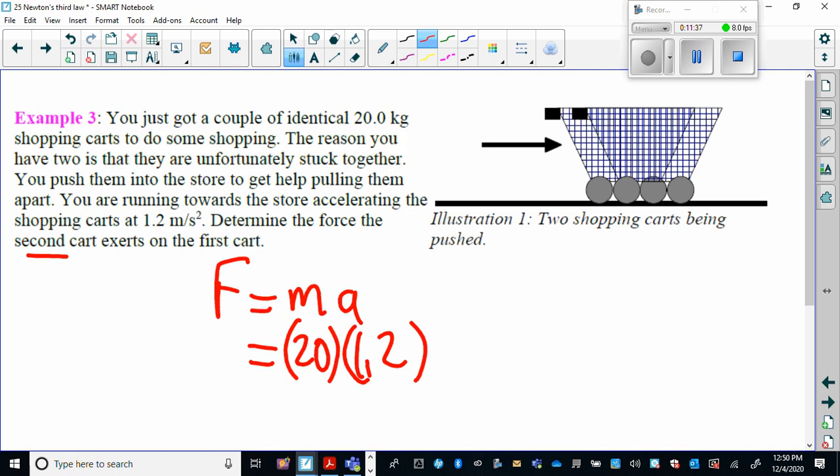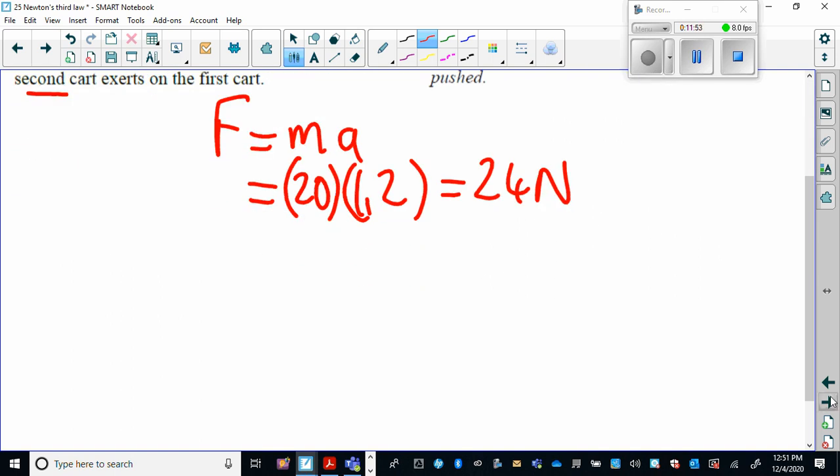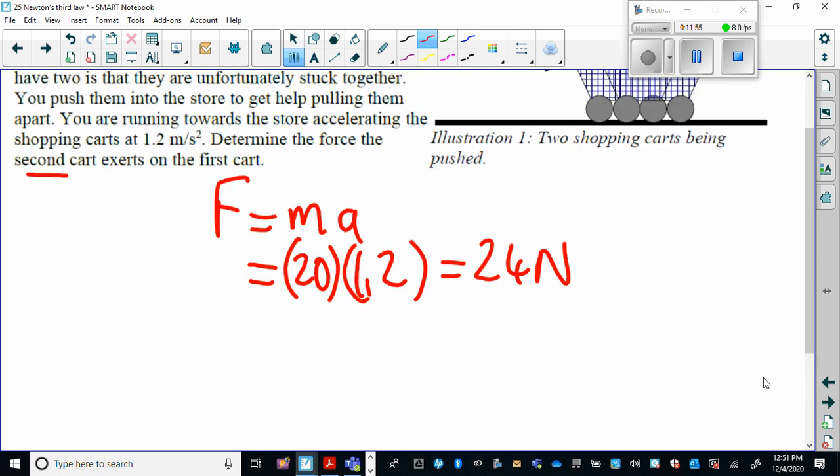Well, the second car can only exert a force with its own mass. So it would be very illogical to use 40 kilograms. You just multiply those two together and you get 24 newtons. Easy peasy. It's more of the theoretical concept of what is causing the force on the first car. It's the mass of the second car.